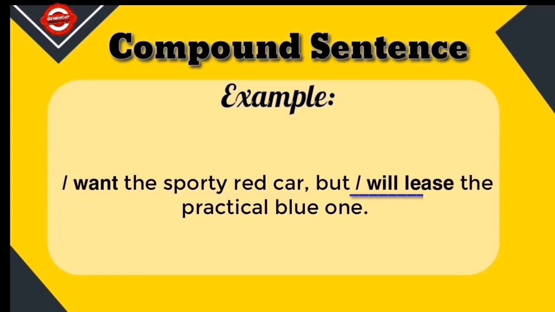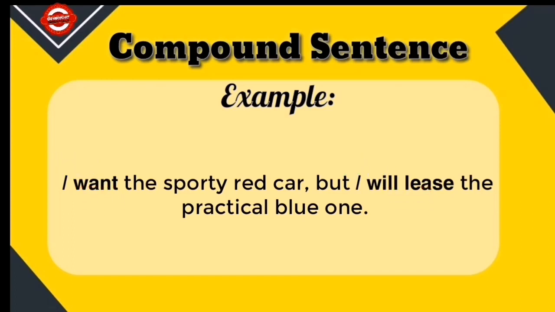The second half that comes after the comma and the coordinating conjunction but is also a complete sentence with the subject I and the verb lease. So that would only mean that these independent clauses must have their own subjects and verbs.